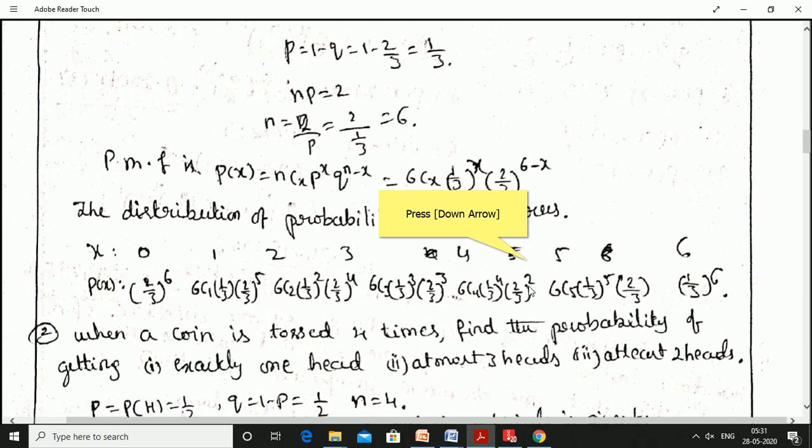For x is equal to 3, 6C3, 1 by 3 power 3, 2 by 3 power 3. Similarly for all the values x is equal to 0 to 6, write down the corresponding probability values. This is the required probability distribution. Next one.